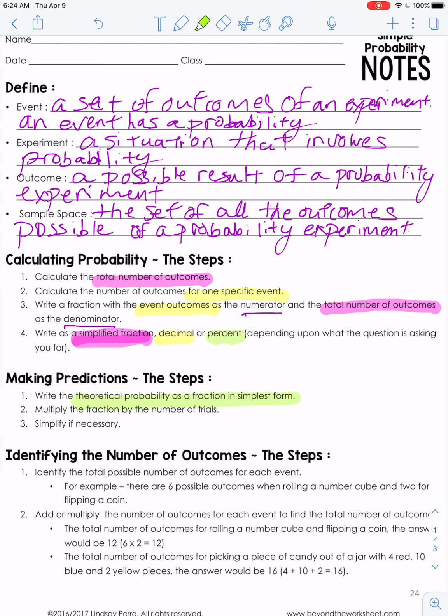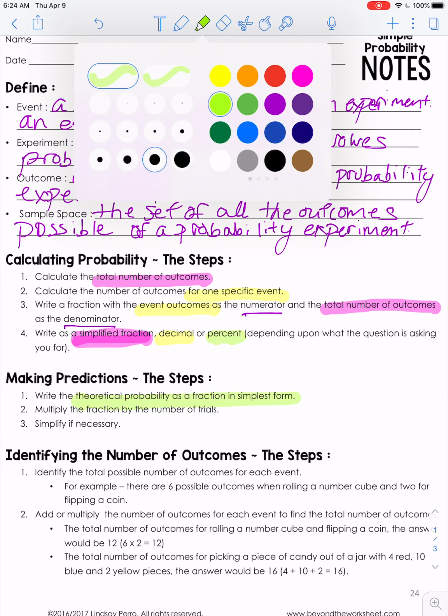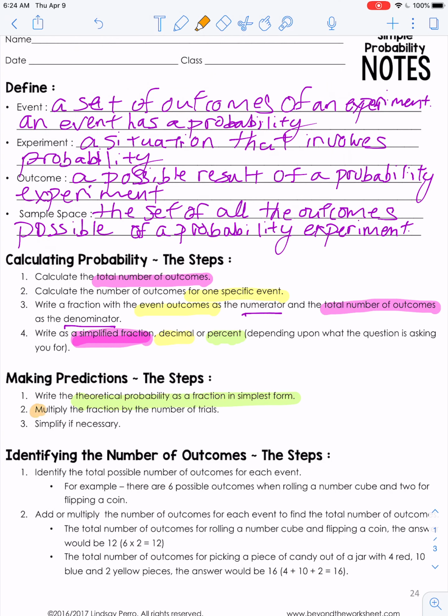Then we multiply the fraction by the number of trials. Then, as always with fractions, we simplify if necessary. So we'll be working with making predictions today.